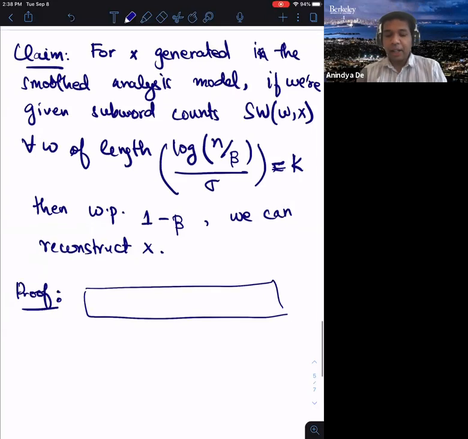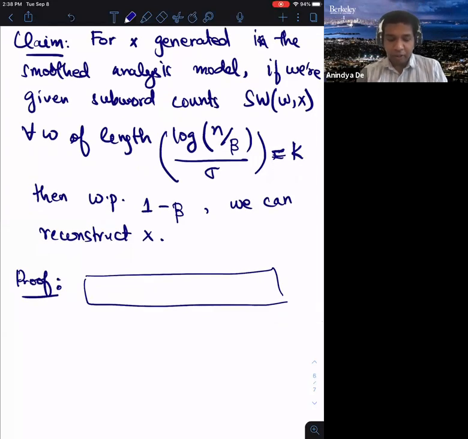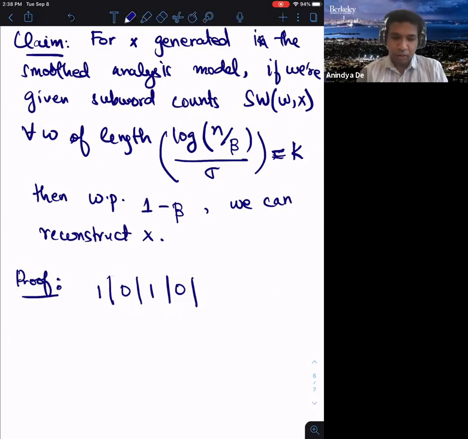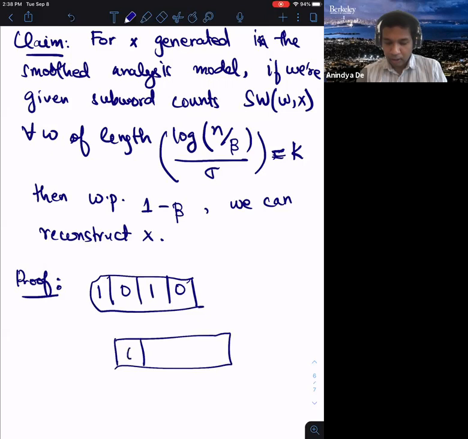Now there's a notion called a right extension and left extension. Let me give an example. Consider the string 1010 and consider the string 0100.